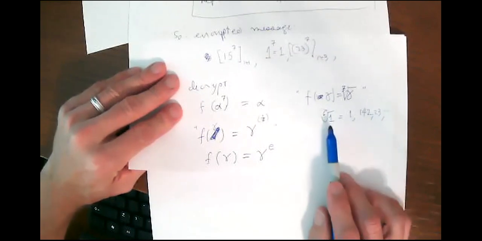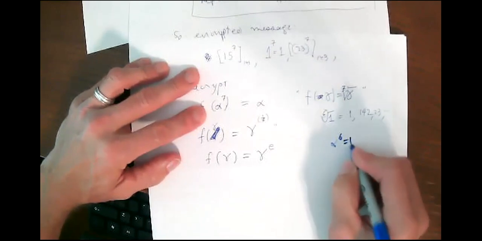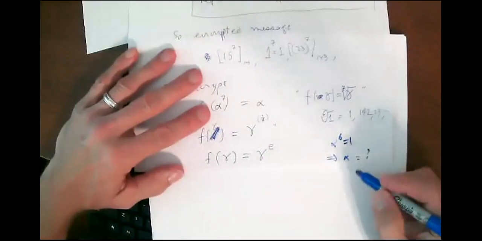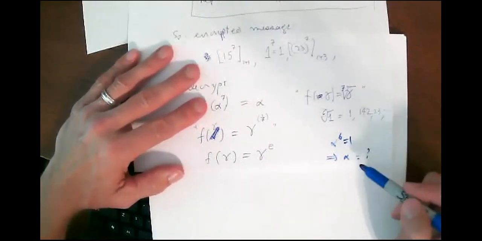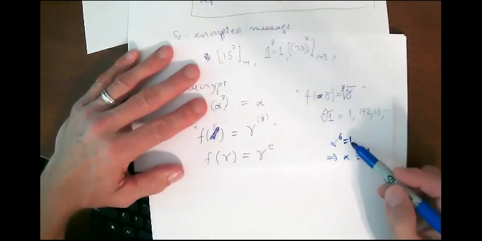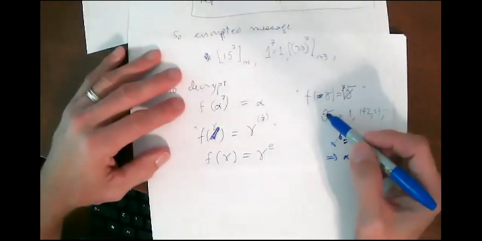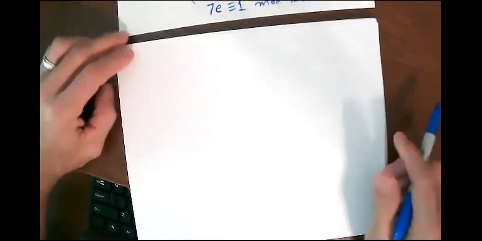So if I ask you, I just took a number and raised it to the 6th power and got 1, can you tell me what the alpha was? The answer is no. You can't answer, because there's a total of 6 different numbers whose 6th power comes out to be a 1. And that's exactly because the number 6 has common factors with the number 120. But I knew that in advance, that's why I chose the number 7.